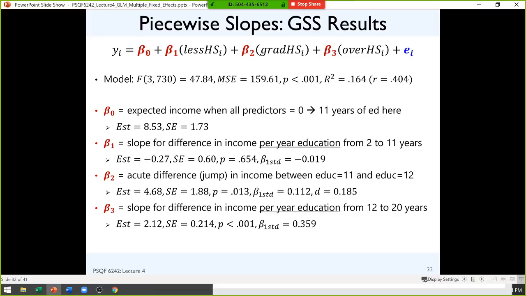I estimated 4 fixed effects in this model, the intercept that's always there, and 3 slopes. So that's why the degrees of freedom for the denominator are 730, because I used 4 things, and there's 730 left based on the number of people that I could have used but didn't. The F then is 47. I don't know what that means until I look at the p-value that goes with it, and that's significant.